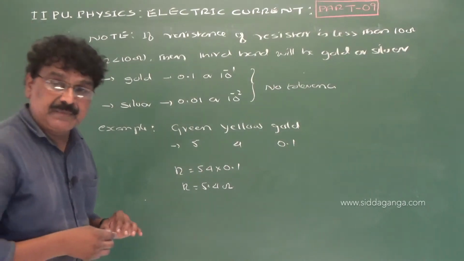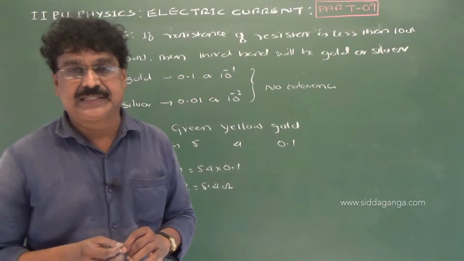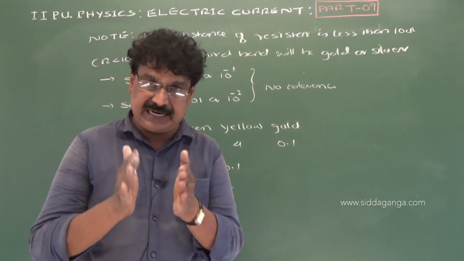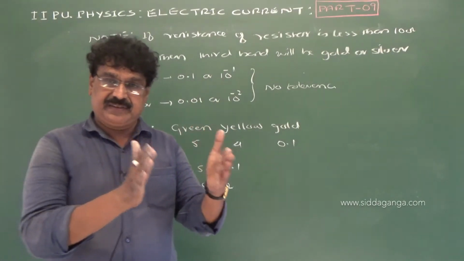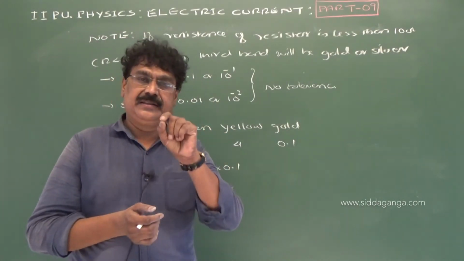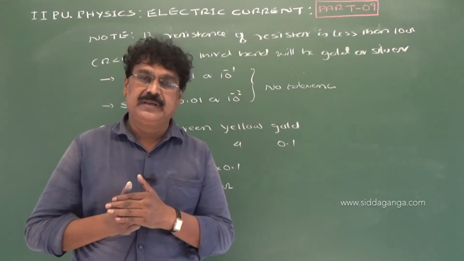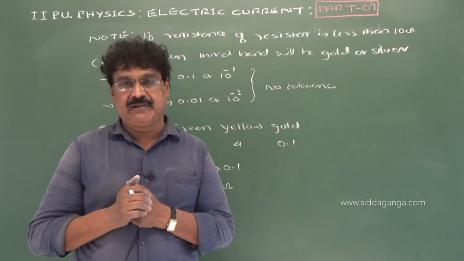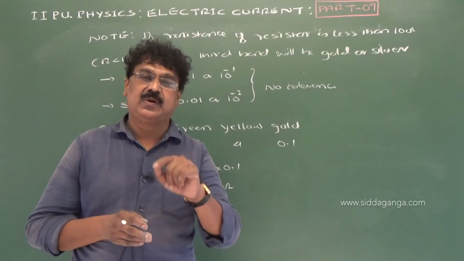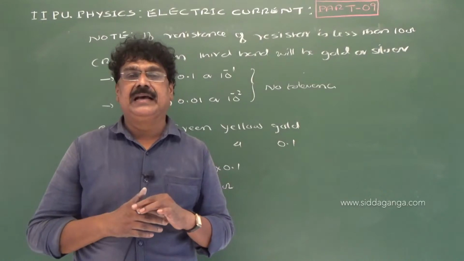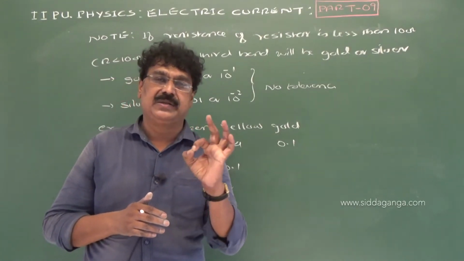So remember that if the value of resistance is less than 10 ohm, then there will be only 3 colored bands, and the third colored band is gold or silver. They represent multiplication factors. Gold represents multiplication factor 0.1, and silver represents multiplication factor 0.01, right?